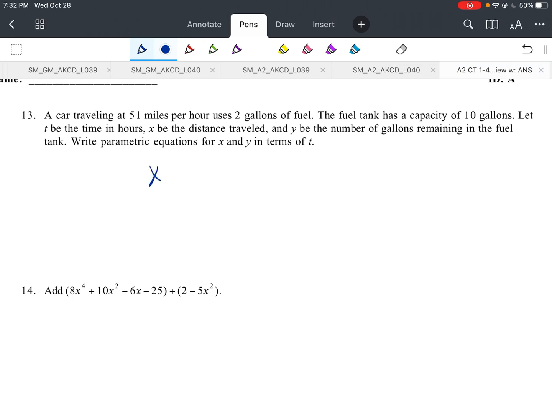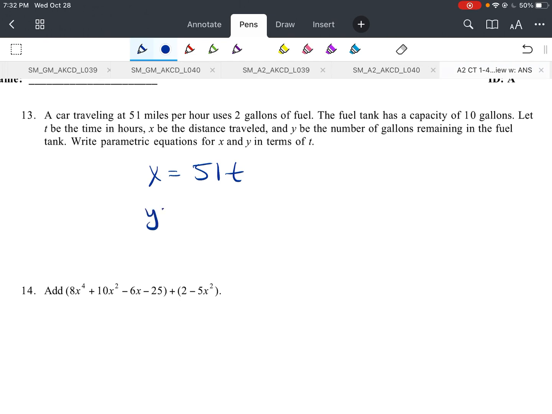So x equals the distance you travel, which is the speed, 51 miles per hour, times the time, right? Distance equals rate times time, the same formula. So x equals 51t, and then the number of gallons remaining in the fuel tank. You're starting at 10, okay?